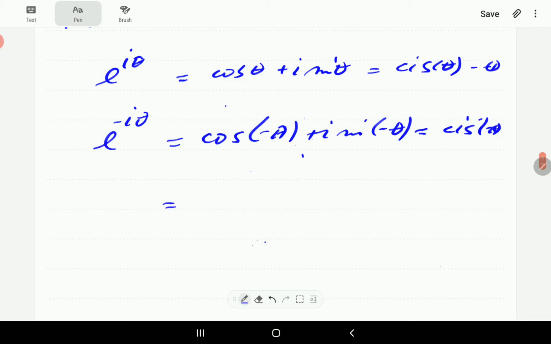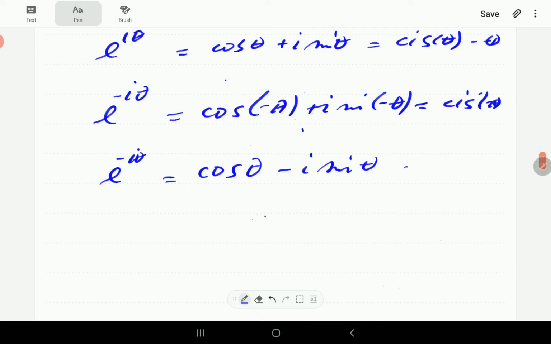But then what's going to happen is, since cosine is an even function, cosine negative theta is the same as cosine theta, and since sine is odd, sine negative theta is negative sine theta.